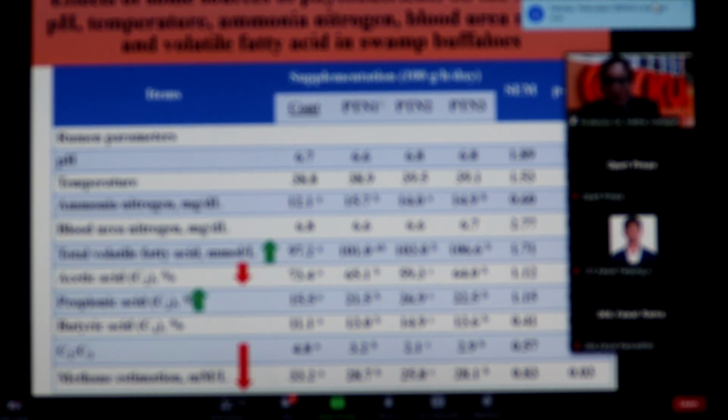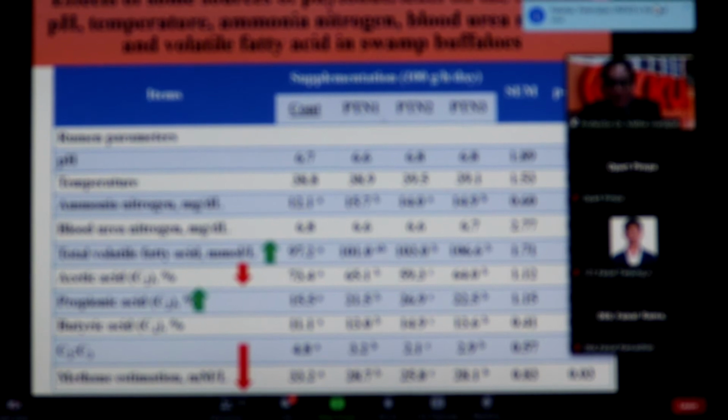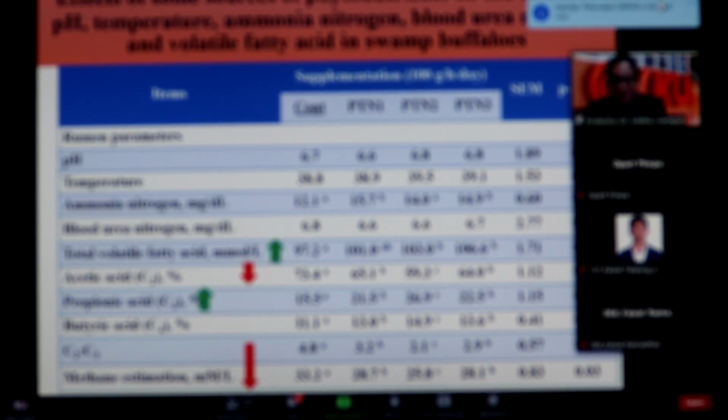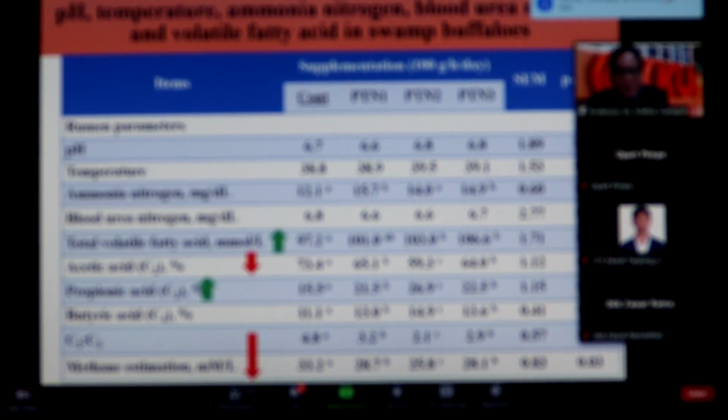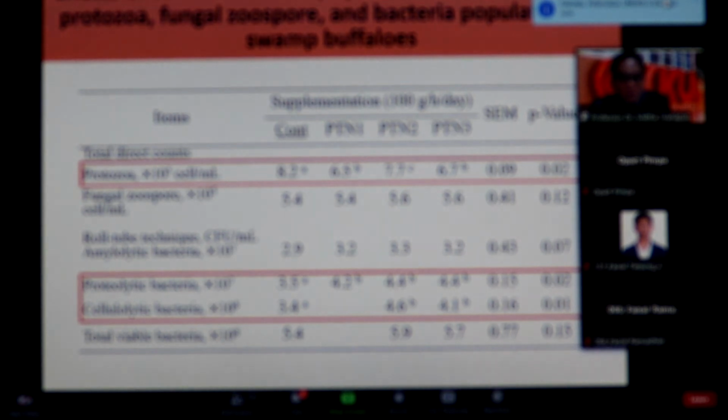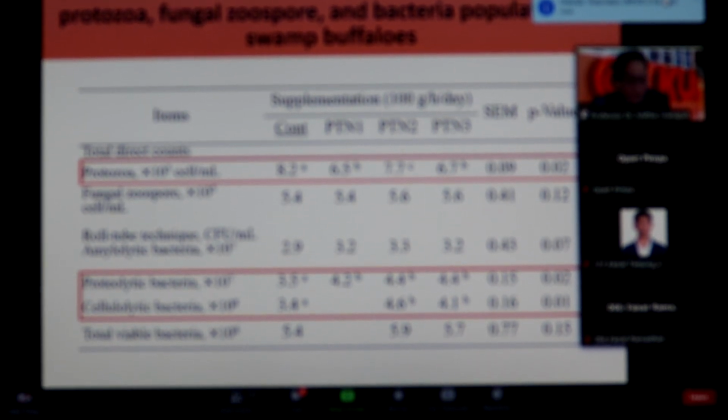Anyway, the combination of the supplementation of 3 treatments also improved the fermentation. Reduced protozoa, increased proteolytic bacteria.